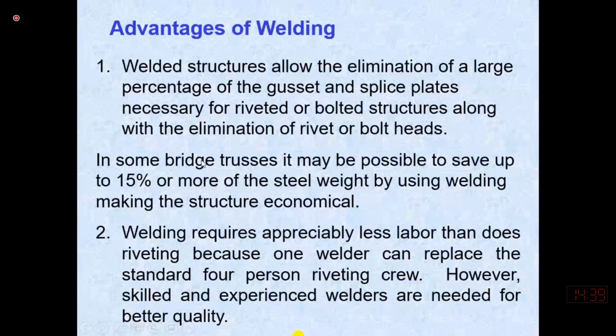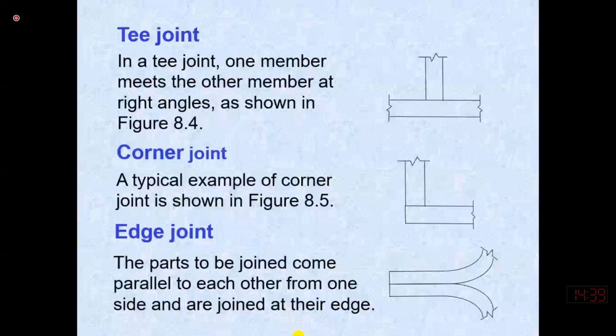At the moment it is difficult for me to explain because we haven't started the design of connections. But I would like to give you one statement. If we are using a welded connection, the size of the gusset plate required will be less. If we are using a fastener type of connection, we need a larger gusset plate to join the member to the gusset plate. Let me try to explain.